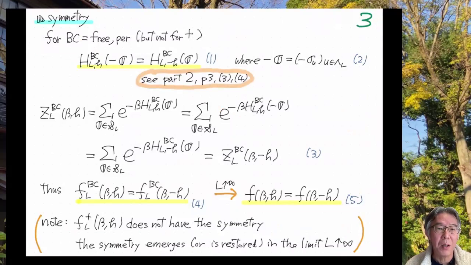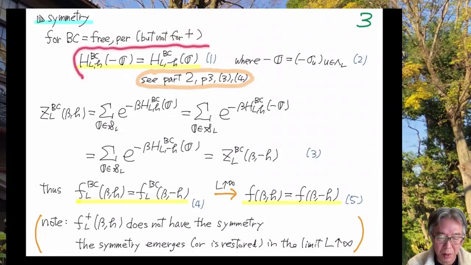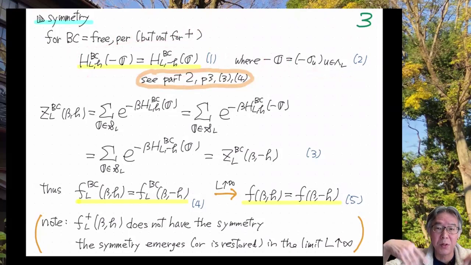So now I take the boundary condition to be free or periodic, but not plus boundary condition. So in this case, you can easily show that our Hamiltonian satisfies this symmetry. I didn't define this before, but I used this. So here minus sigma denotes a spin configuration in which all the spins are flipped.